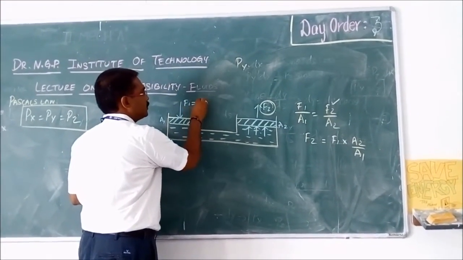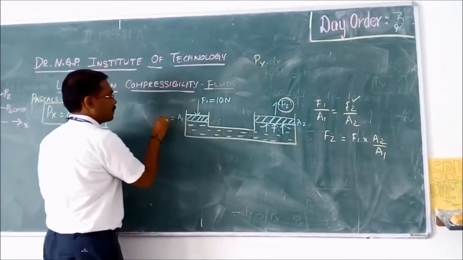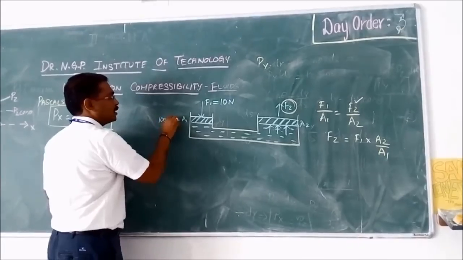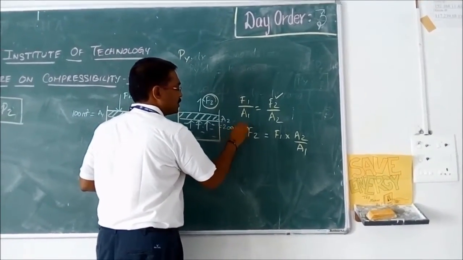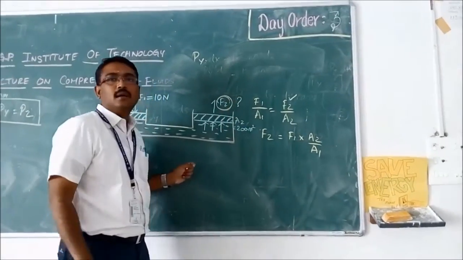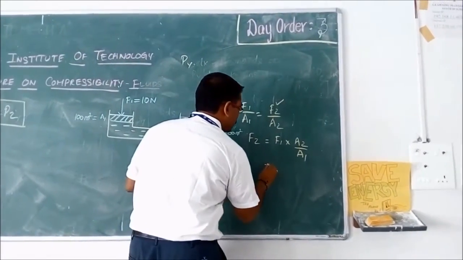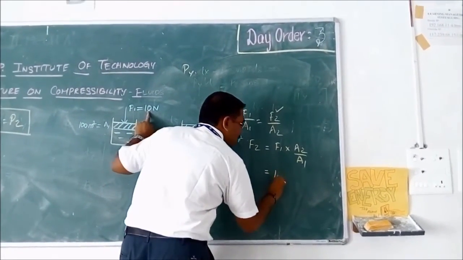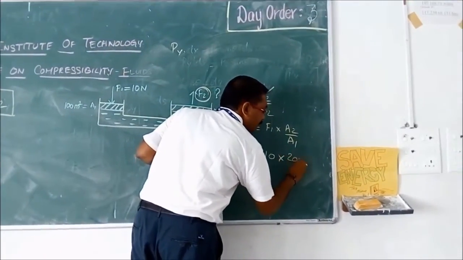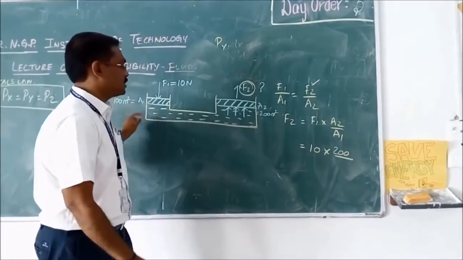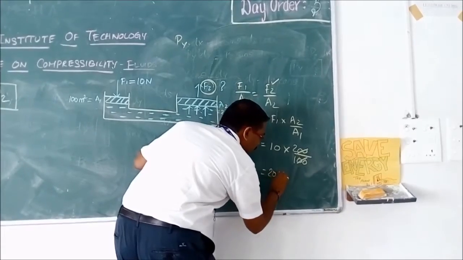Say I apply a force of 10 Newton for an area of 100 meter square as A1 and 200 meter square as A2. I am more interested in the resultant force or the output force that I get in F2. I am substituting the values here. That is, F1 is equal to 10 Newton into A2 given by 200 meter square divided by A1, which is 100 meter square. So I get 20 Newton.